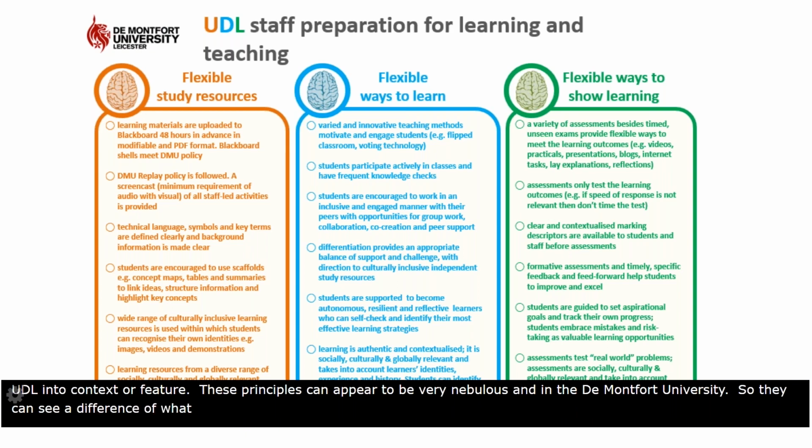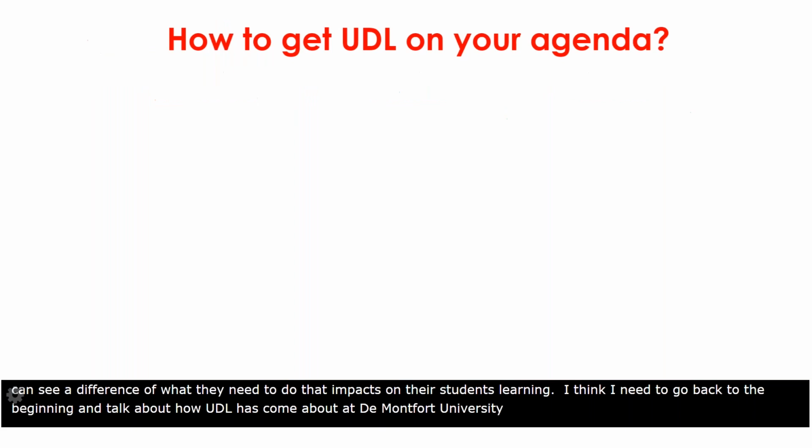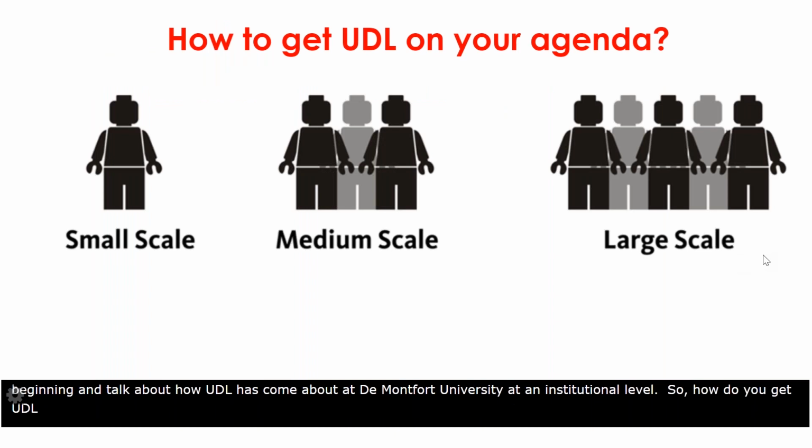So I think I need to go back to the very beginning and talk about how UDL has come about at De Montfort University at an institutional level. So how do you get UDL on the agenda of your institution?